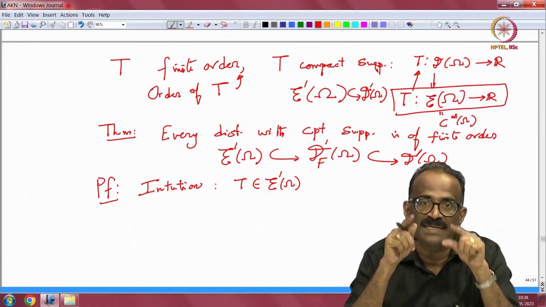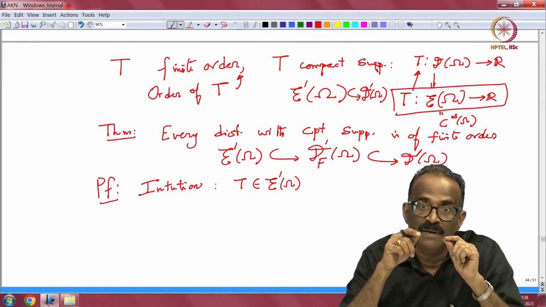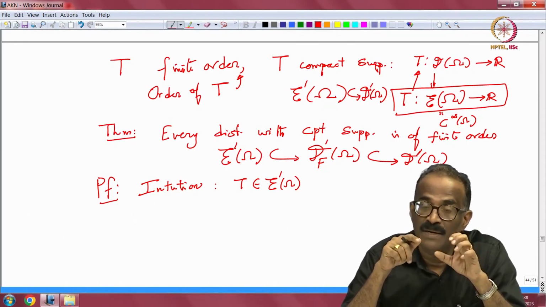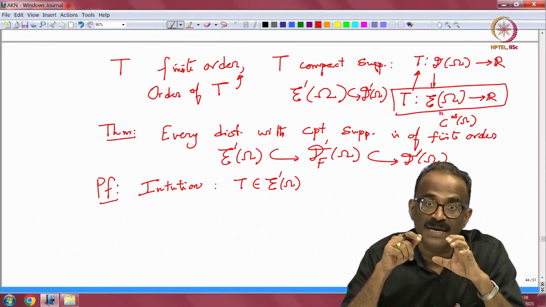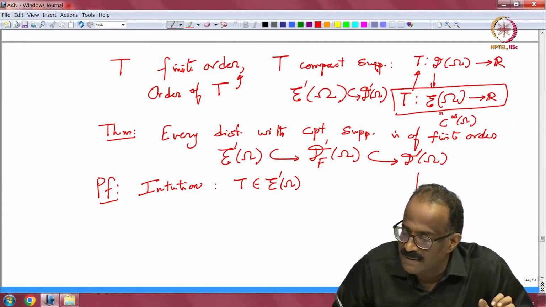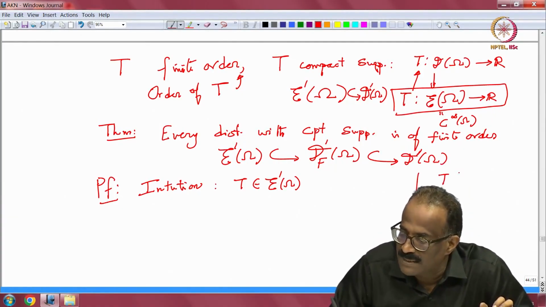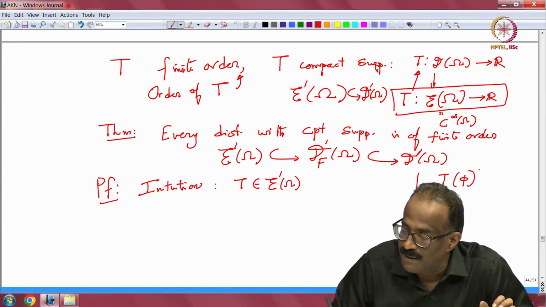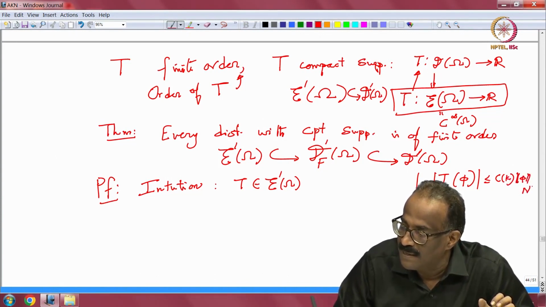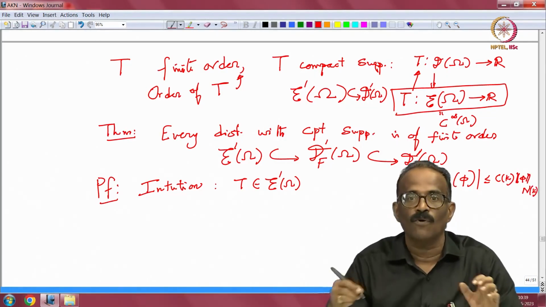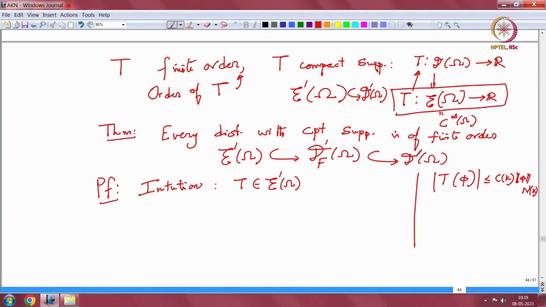A distribution has a continuity estimate: for every compact set K, T of phi is bounded by some constant, which depends on the compact set, times the norm of phi up to order n, where n depends on K. This is true for all phi with compact support in K. So for every K there is a continuity estimate.